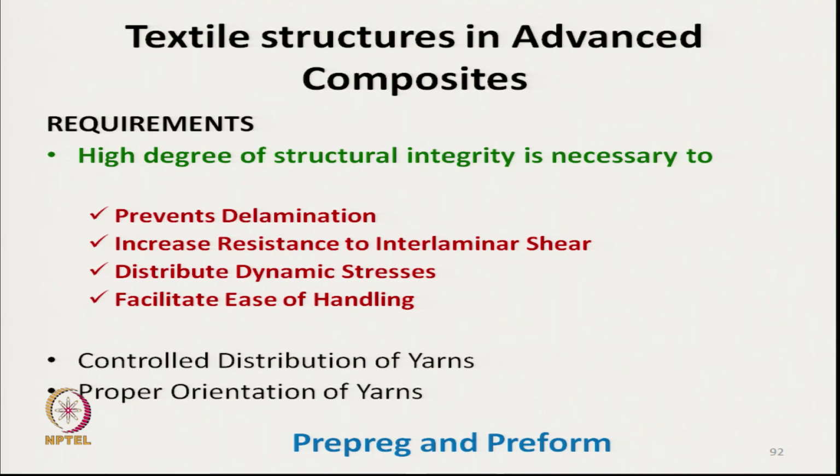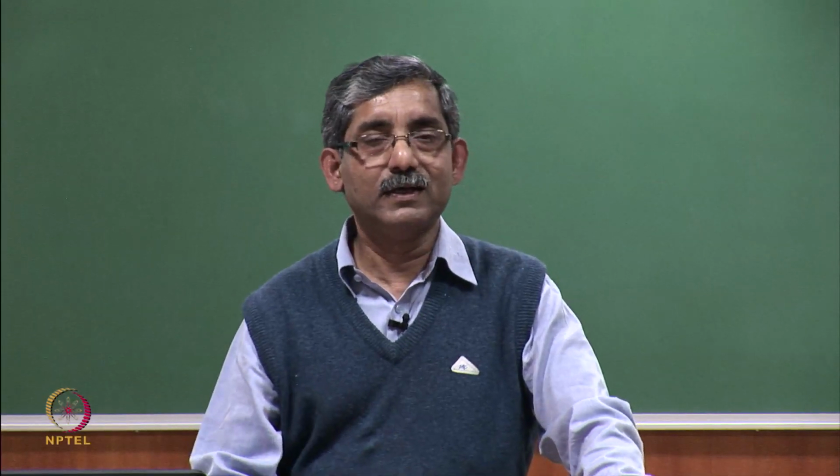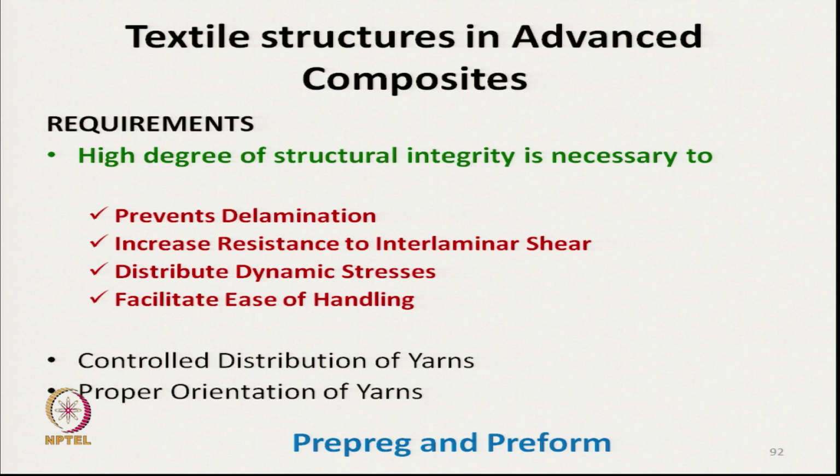This is required to prevent delamination, to increase resistance to interlaminar shear, distribution of dynamic stress, and obviously to facilitate ease of handling. Basically the preform, if we cannot handle it easily, then it will be a problem.